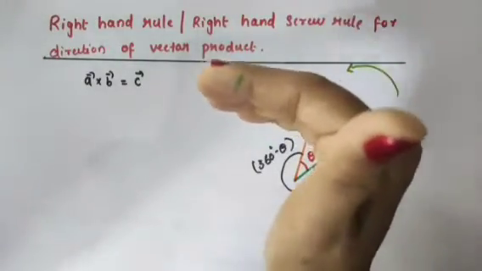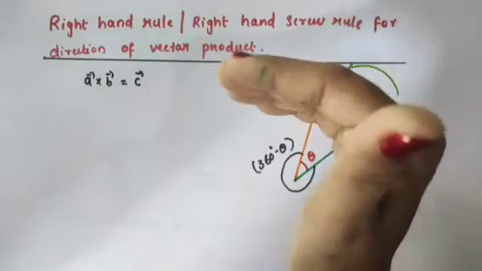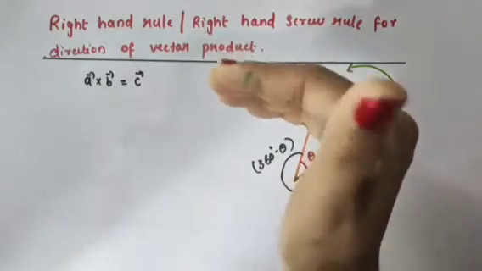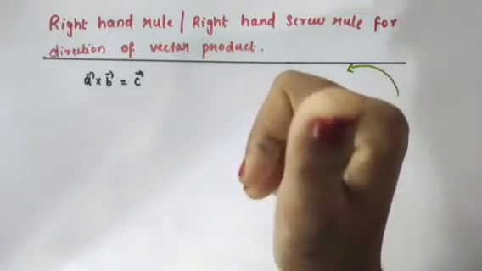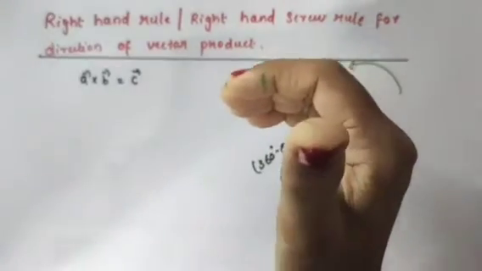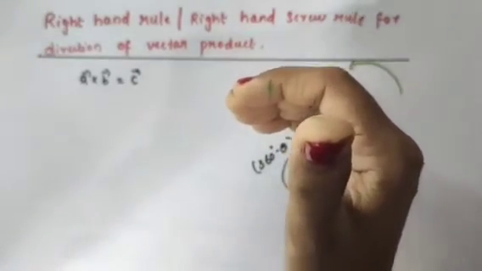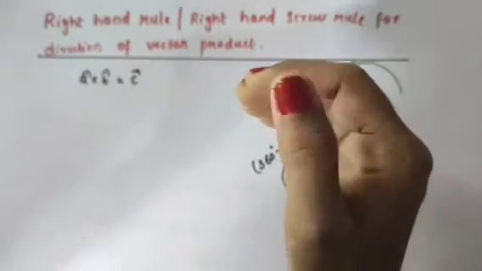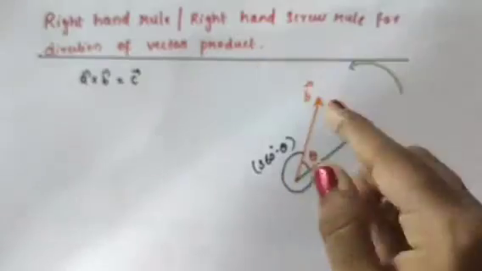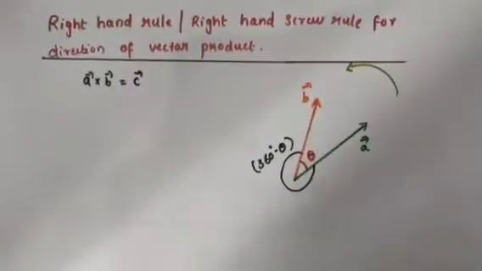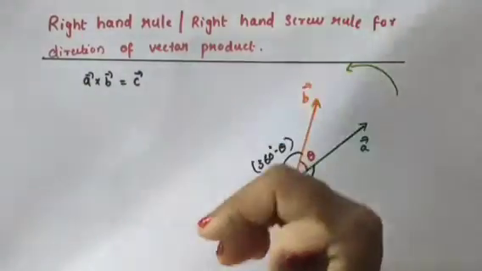After that, I need to take the direction of my thumb. So the thumb indicates the direction of the C. Okay, the C represents the direction. Thumb represents the C vector direction. So if I am taking that both as XY direction, this thumb will be in the Z direction, that is out of the plane, out of the paper, like this.